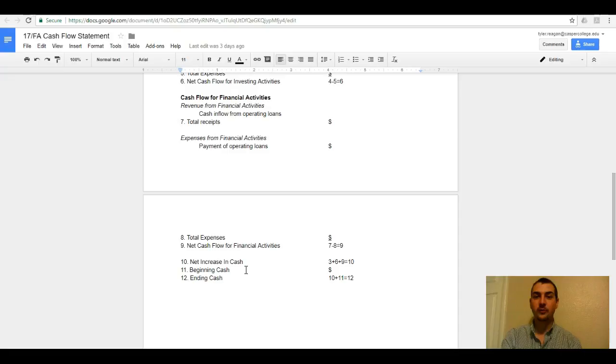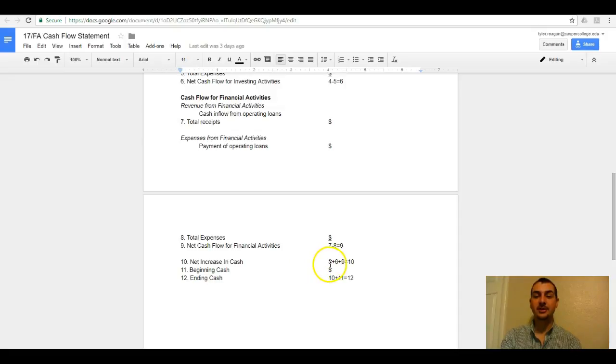So what you hope is that if the business is profitable in the cash flow sense, meaning you have more money coming in as receipts than you had going out in expenses, this number would be positive. That added to the beginning cash would actually increase your ending cash, ideally. Now, not every business is going to make money or have more cash coming in than going out every single year.